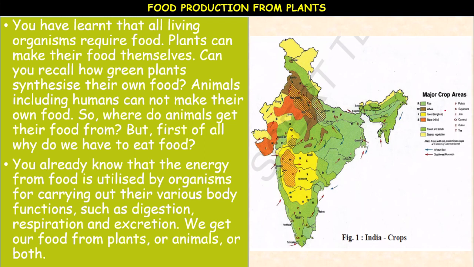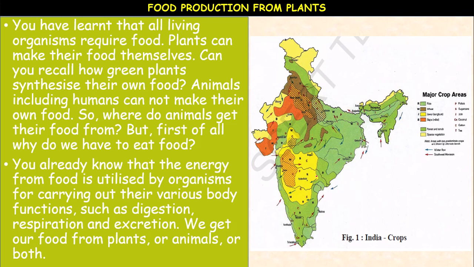Today many different kinds of crops are grown for food, such as cereals. Cereals include wheat, paddy, maize, barley, ragi. Whereas pulses include gram, peas, bean, and oil seeds include mustard, groundnut, sunflower. Root crops include sweet potato. Tuber crops include potato, tapioca, and the sugar crops include sugarcane, beetroot.